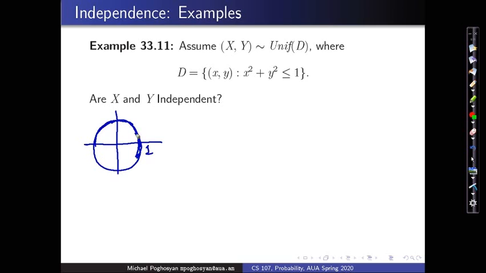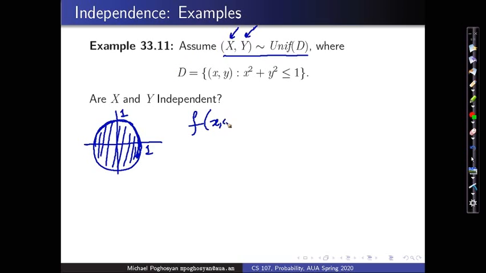Okay, so this is 1, this is 1. This is our domain. Now, first we need to check if x and y are independent. So this random vector is uniformly distributed in D, and we need to check if its coordinates x and y are independent or not.